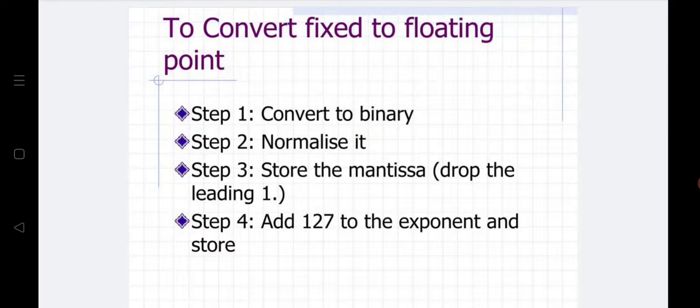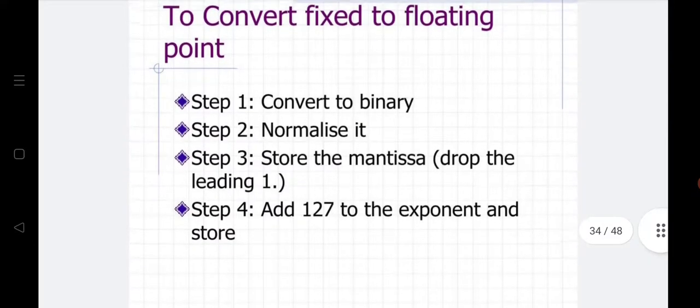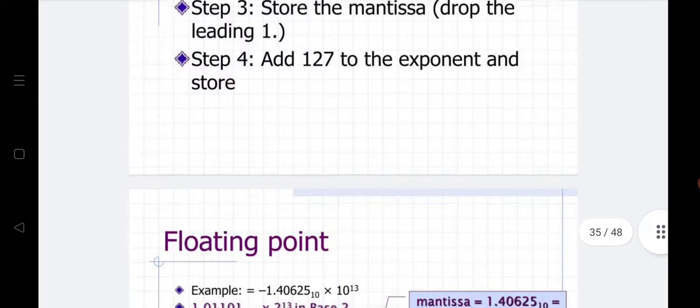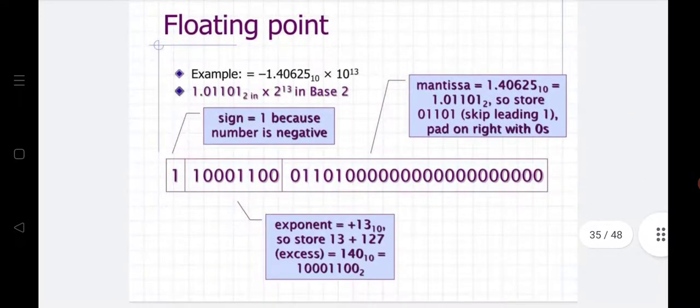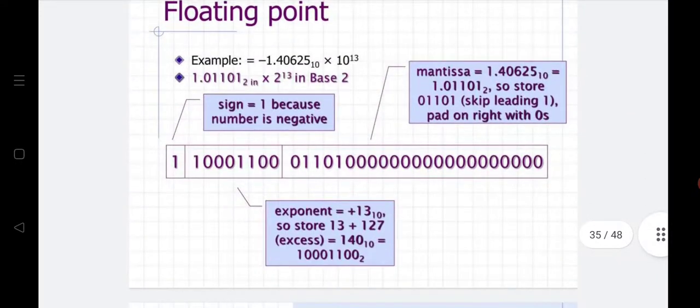This exponent value is what you got in step number 4, the binary exponent value, and you need to place it there. Next is your mantissa. The mantissa you get from step number 3. So from step number 3 you store the mantissa. This is your complete conversion of fixed point to floating point representation. Okay, let us take one small example and see over here.